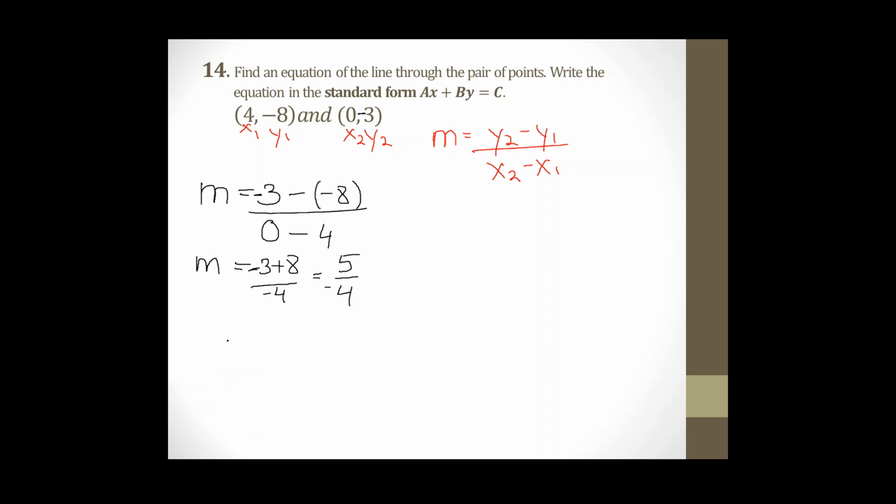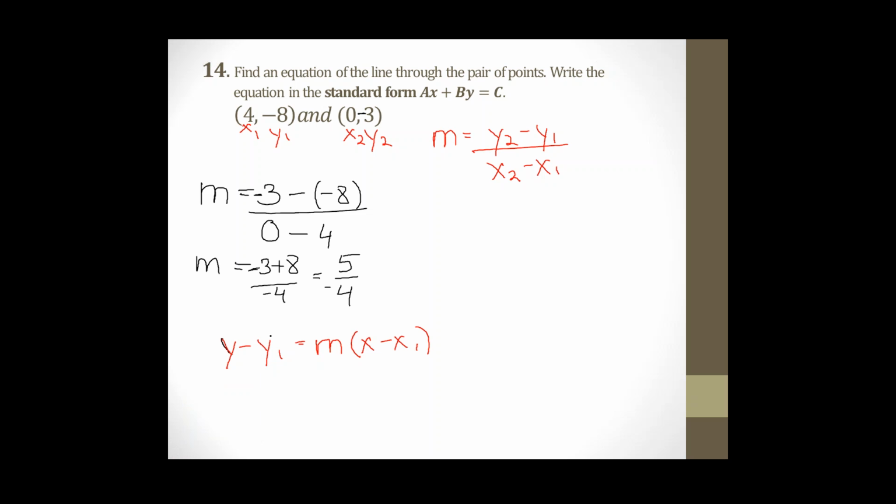Now we can use the slope in the point-slope form of the equation, which is another formula to memorize. Let me use a different color: y minus y1 is equal to m times x minus x1. So we can use this point-slope form of the equation to get to the standard form. Plug in the values.